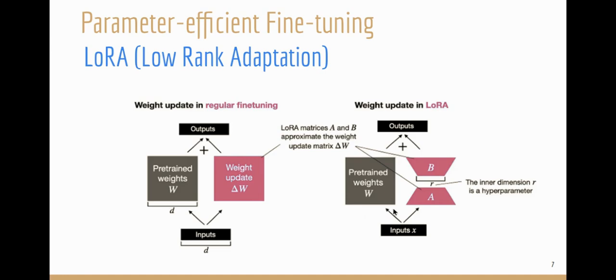While in LoRa, the core model parameters are frozen, and LoRa introduces learnable low-rank matrices to the key attention components, updating them during training while keeping the rest of the model unchanged.